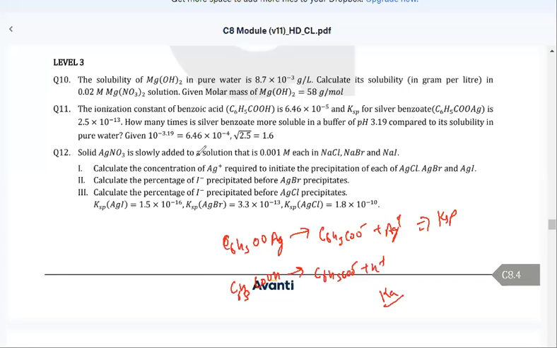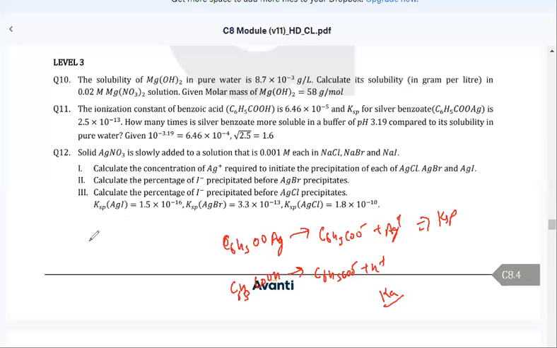Okay, so what will be the reaction? Tell me. If you're mixing this and this, what will be the reaction?